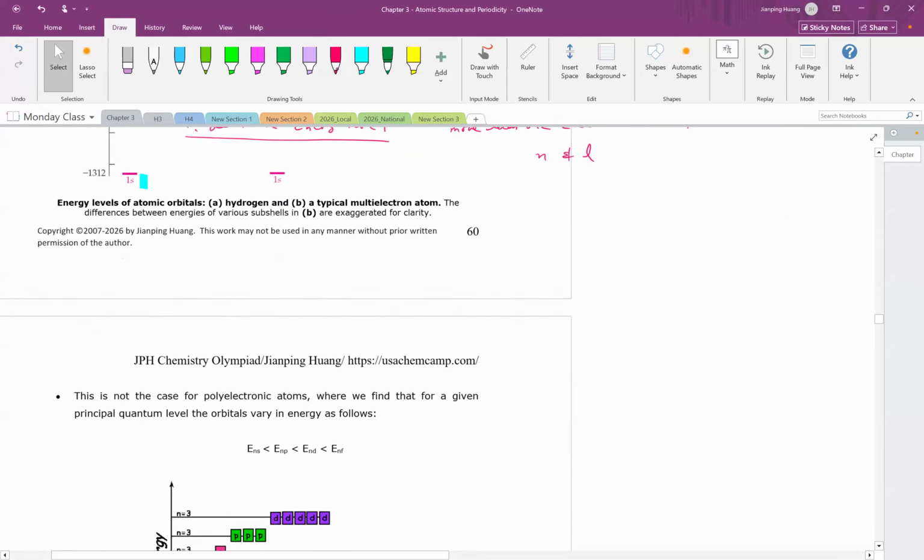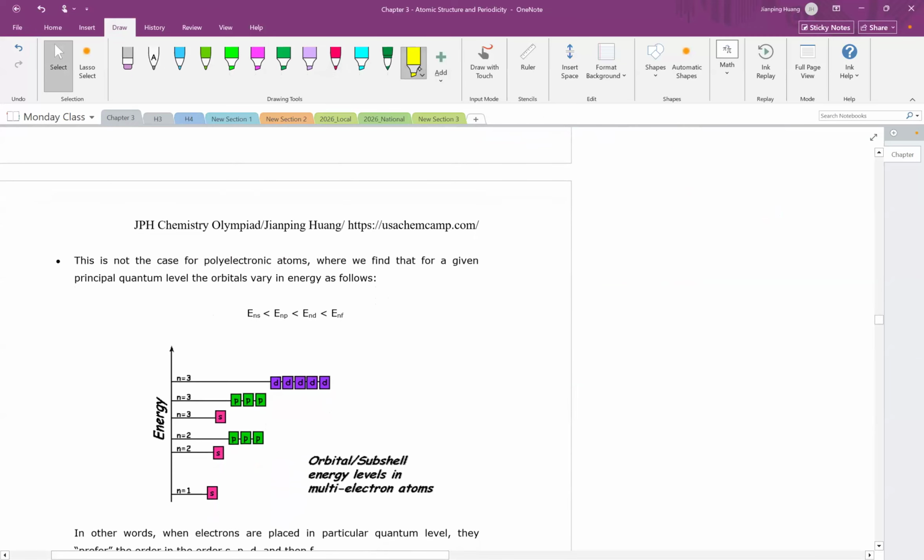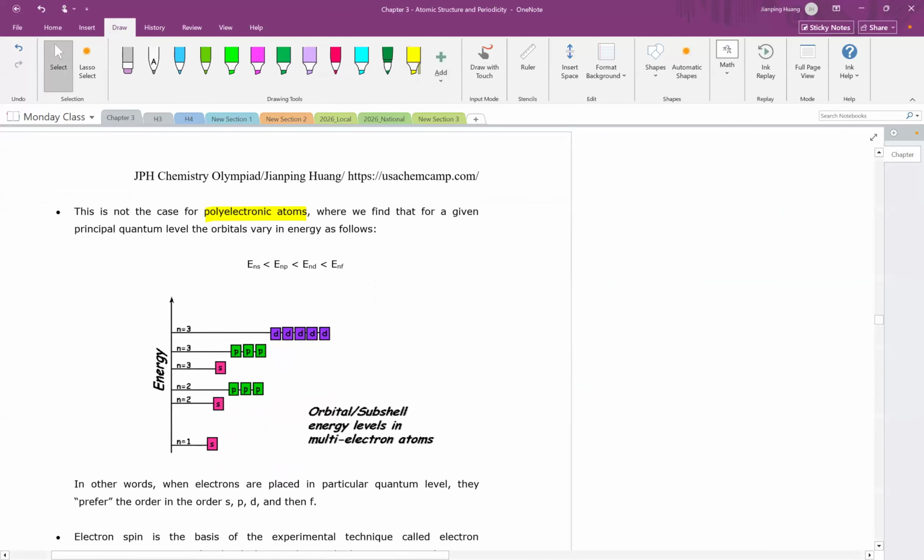Right? See, look at this. This is not the case for a polyelectron atom. That energy level will split. Such as N equals 3: 3s energy is lower, 3p increases, 3d increases. Now, see, that's the energy order.